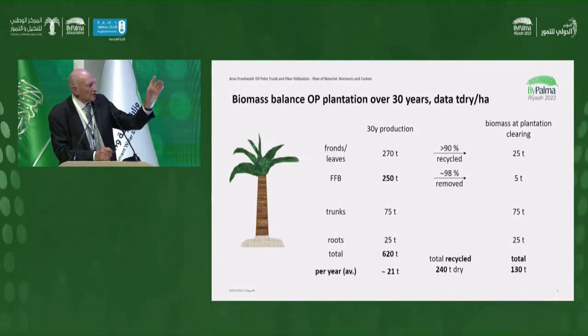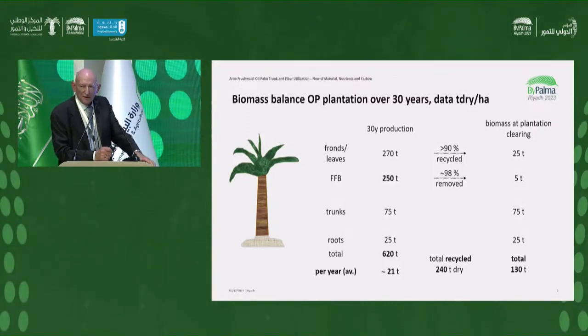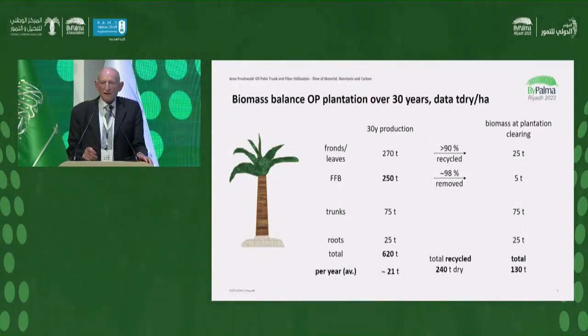And in the right column, we see what's remaining after 25 years. It's about 25 tons of fronds and leaves, 5 tons of fruit bunches which have not been used, 75 tons of trunks, 25 tons of roots, so we have the 130 tons left over.